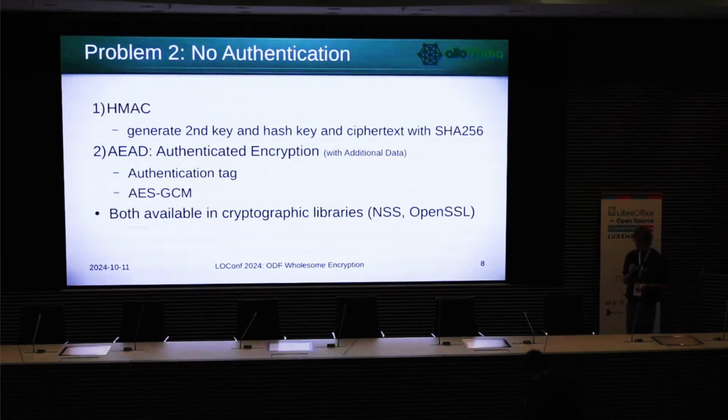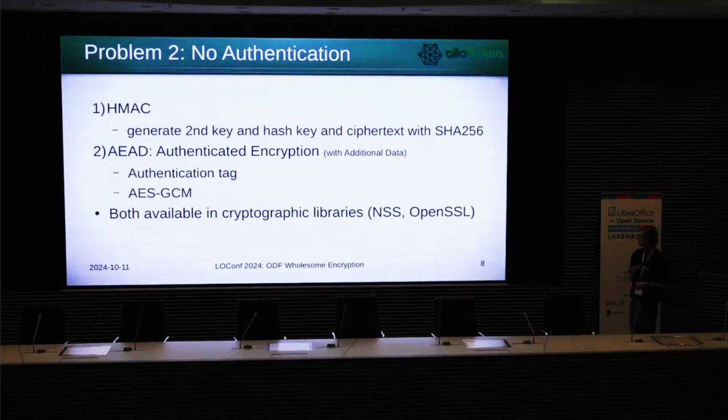So for the second problem, authentication, there are two options basically how we could get that. One is an HMAC function. That essentially means we create a second key somehow, and then we hash the key and the ciphertext with a hash function and store that in the manifest.